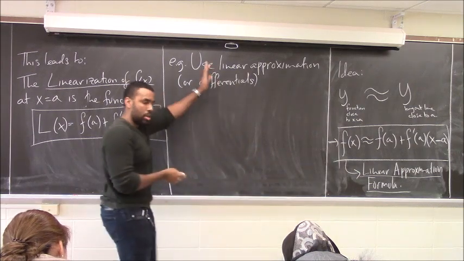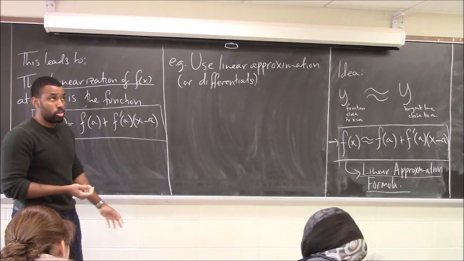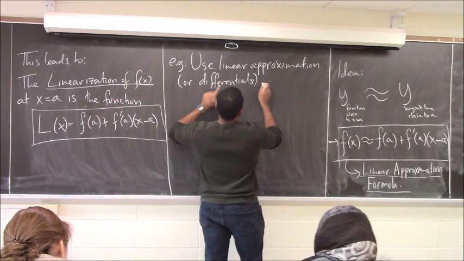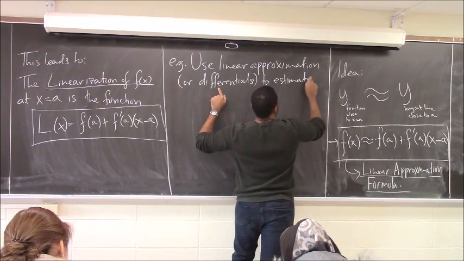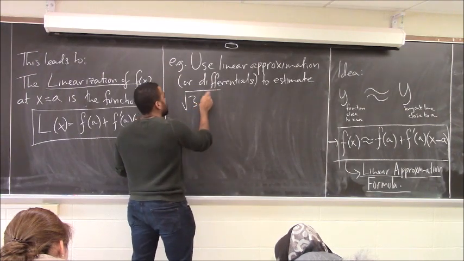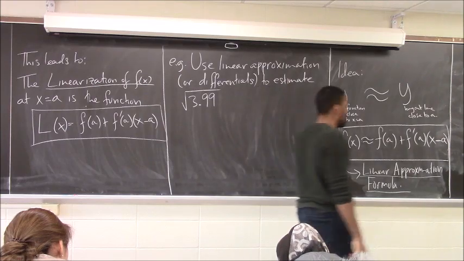It's pretty much the same thing as linear approximation, except you think of it from a different angle and you use different notation. But it's pretty much going to be the same thing. Use linear approximation to estimate or approximate, and they'll tell you some value. Let's say we want to use it to approximate the square root of 3.99.